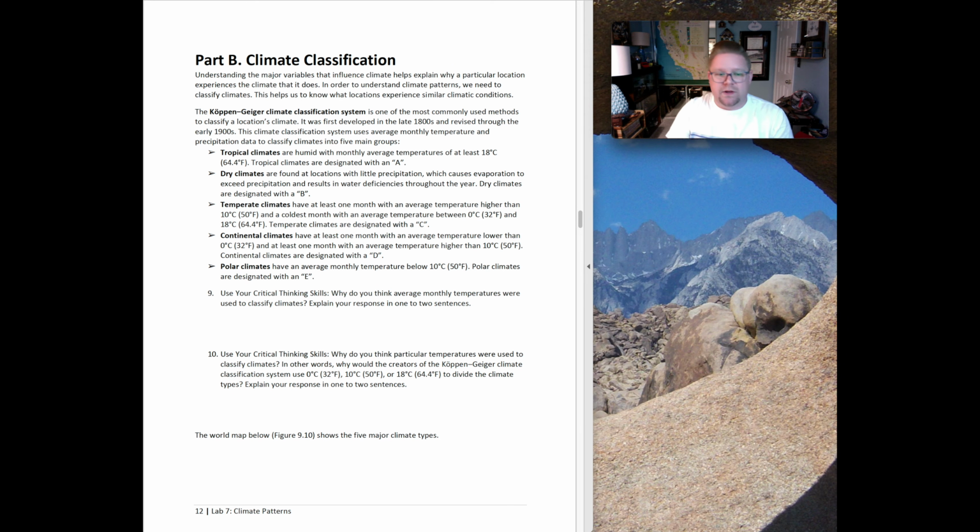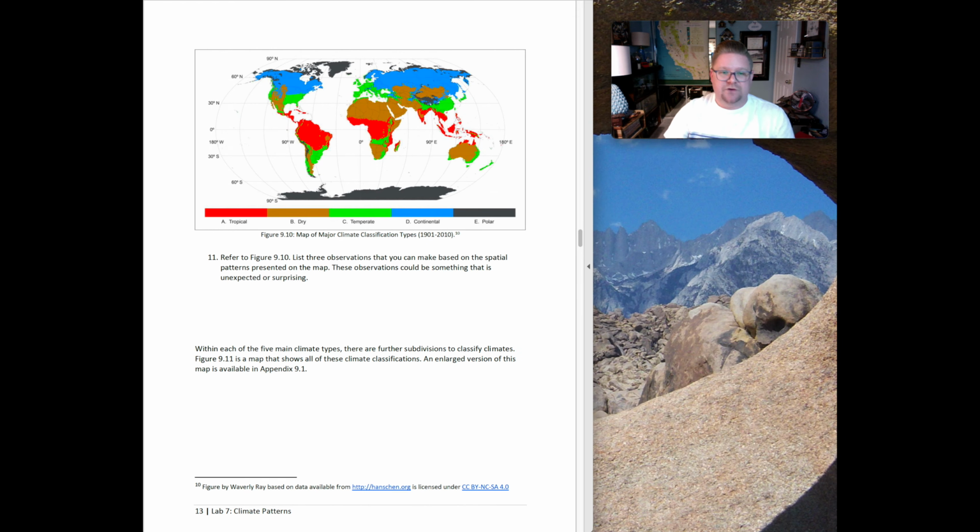Now, moving forward, the map below, figure 9.10, is a very generalized climate map showing the average climates between 1901 and 2010. We can see this is broken up as just tropical, dry, temperate, continental, and polar. Very simplistic. We'll dive a little more into it, subdividing each one, but for now, big picture.